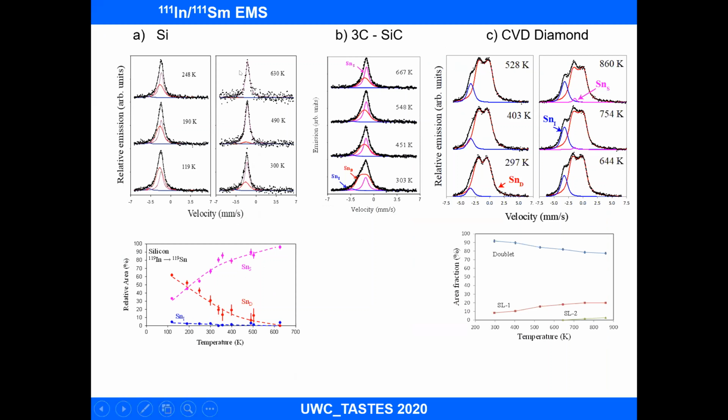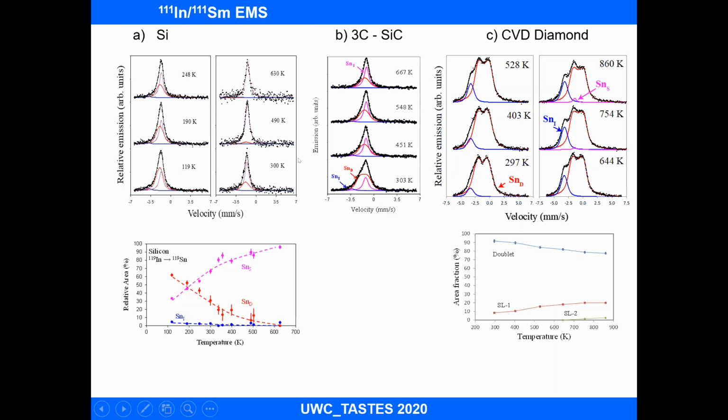Here, the first measurement that we did was using implanted indium, tin, in silicon oxide. And here we see the spectra. This first series is at low temperature from 119K to 240K.